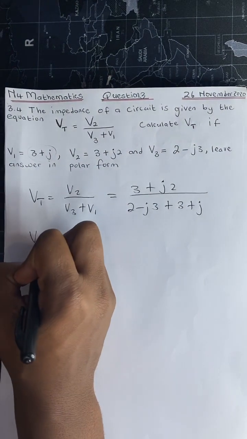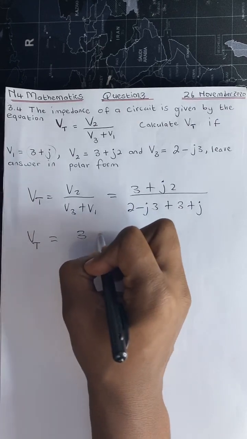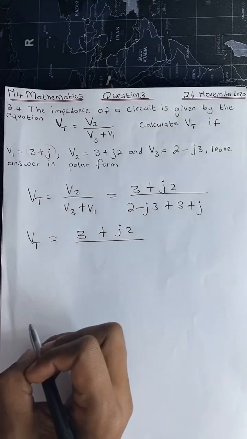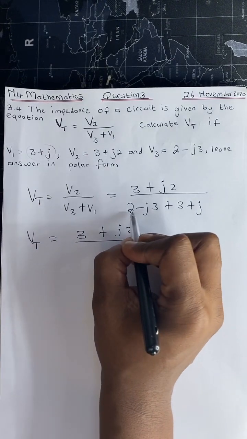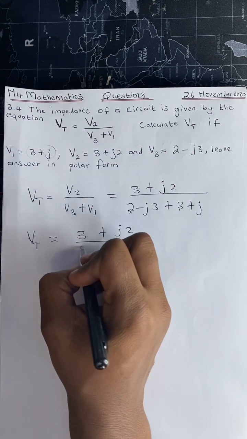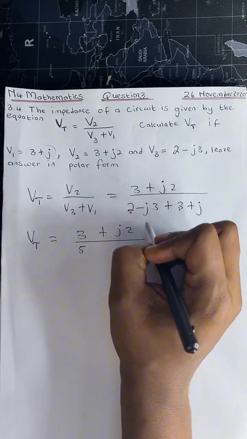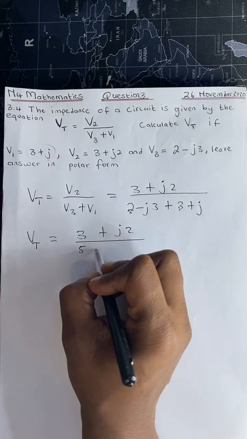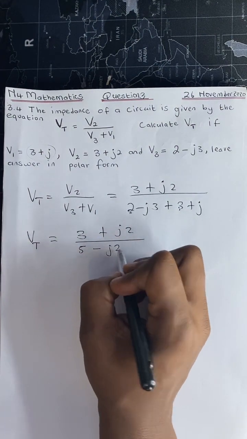So we add what we have in the denominator: the real numbers, 2 plus 3 will be equal to 5, and the imaginary numbers, negative j3 plus j will be equal to negative j2.